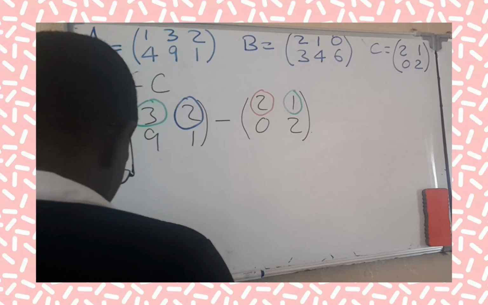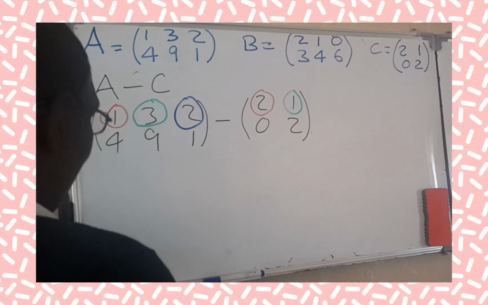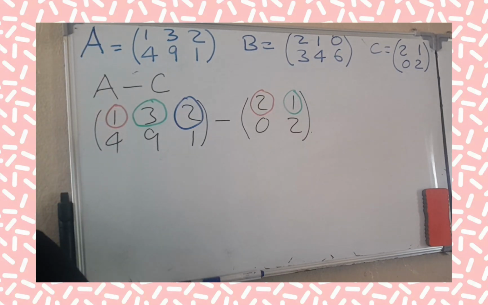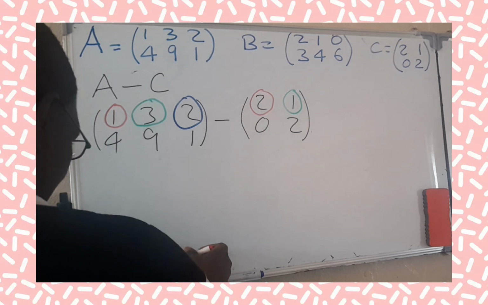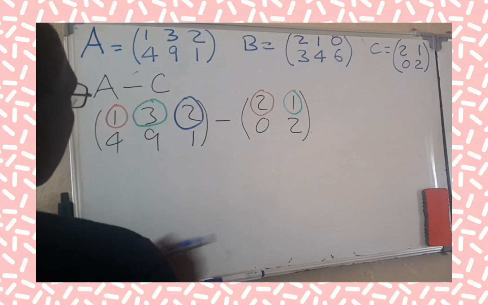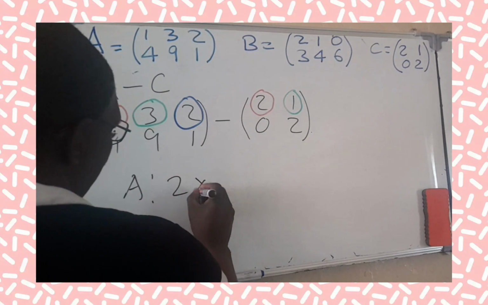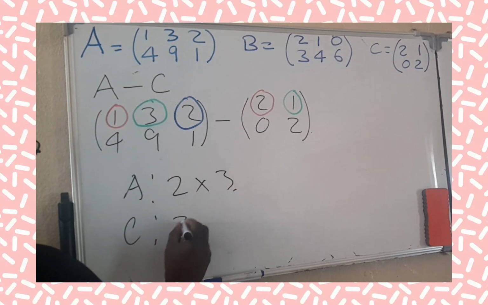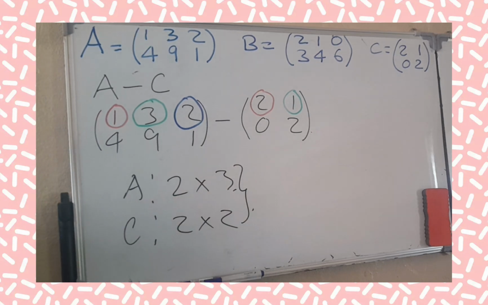In conclusion, we can just say that two matrices can be subtracted from each other or added to each other if they are of the same size. So we noticed last time that our A is a 2 by 3. Our C is a 2 by 2. So these two are not of the same size.